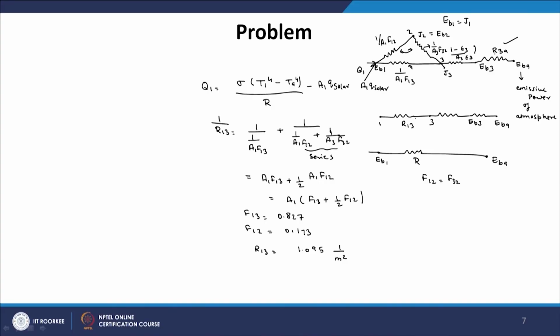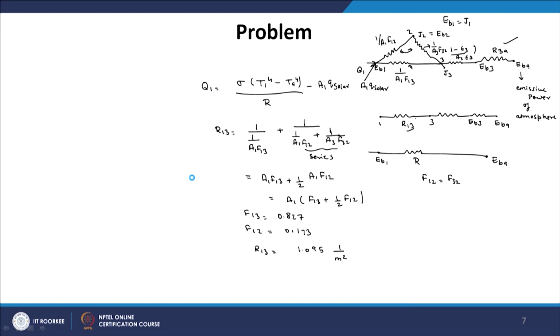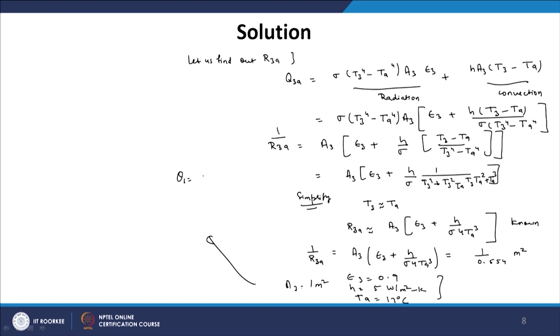Now, we have all the variables. We have this resistance, we have this resistance, we have R13. So, we can combine this into a single resistance and calculate the value of heat flux using this expression. So, the value Q1, I will just solve it here. Q1 is equal to, from this expression, sigma T1 power 4 minus Ta power 4 upon the combined resistance R, minus A1 Q solar.